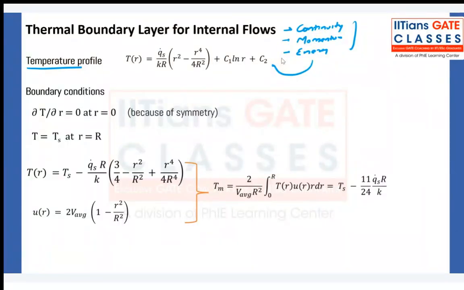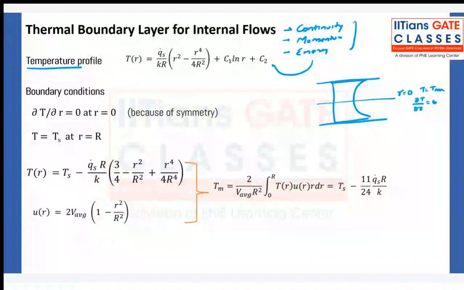So again, we know that at R equals 0, T will be equal to T minimum, so del T by del R equals 0. Either minimum or maximum, the boundary condition will remain same for cooling and heating, it does not matter. And at R equals R, T equals T wall or T surface, whatever it is. So I can apply these conditions in this equation, and this is my temperature profile, how my temperature is varying with R.